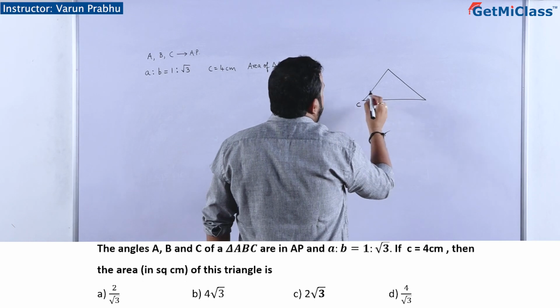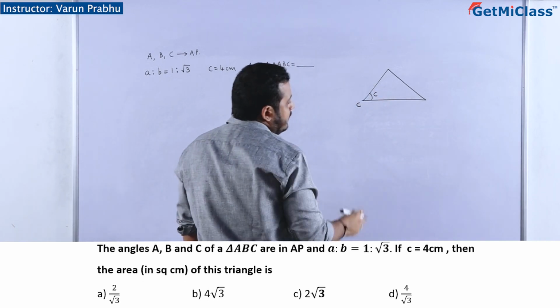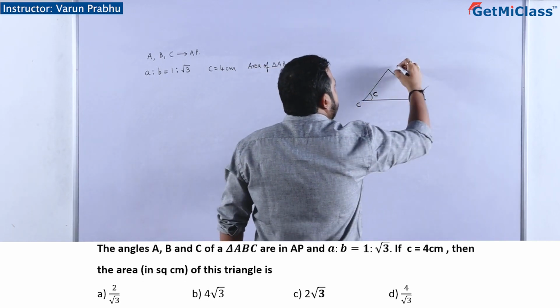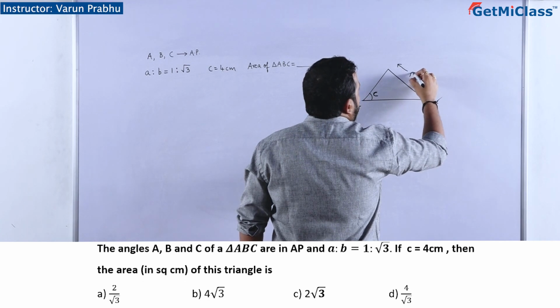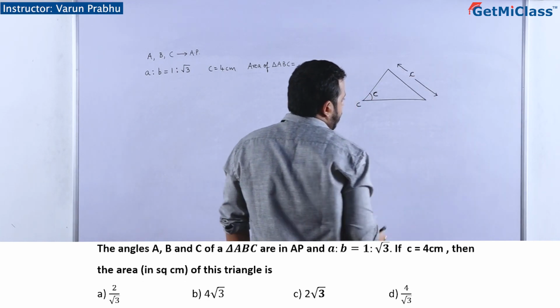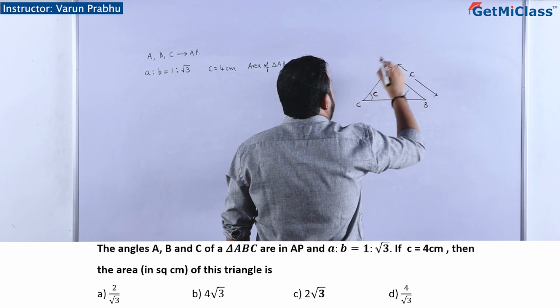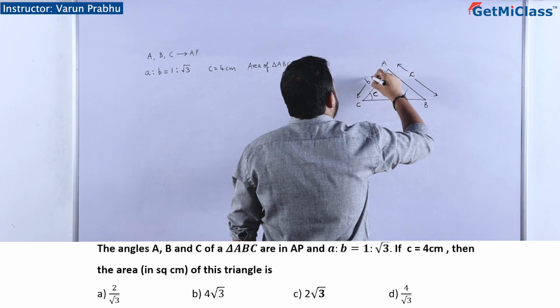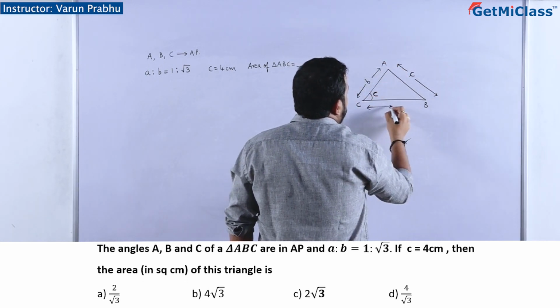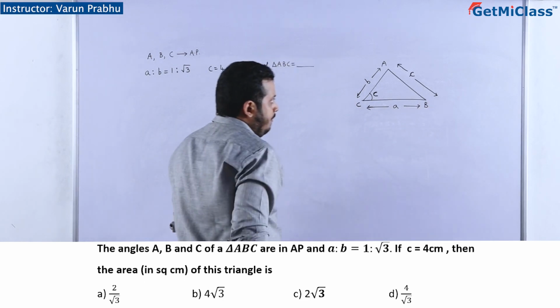Now if I call this vertex C, capital C, the side opposite to the vertex is denoted by the corresponding small letter. Let me call this B and this A. So this side let me call small b and this side small a. Do you get it?